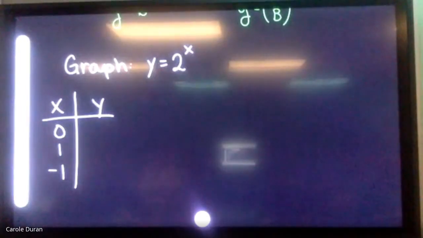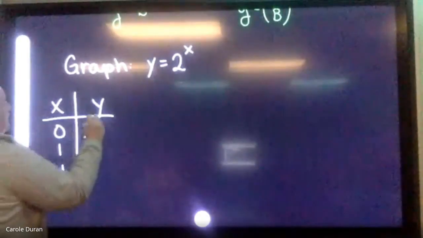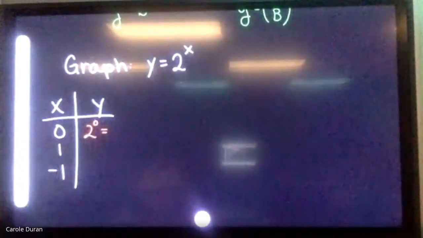So what I do is I take these values and I plug them in for x. This is going to be a little bit different because these values are my exponent values here. So when I plug 0 in, I get 2 to the 0 power, and what does that equal? 1.